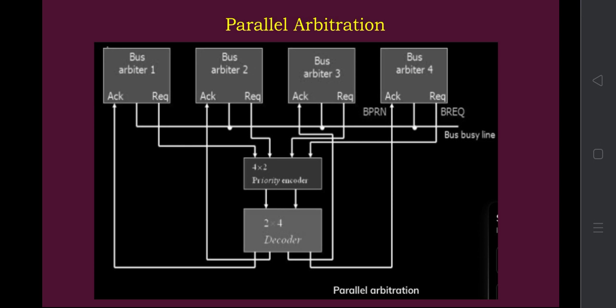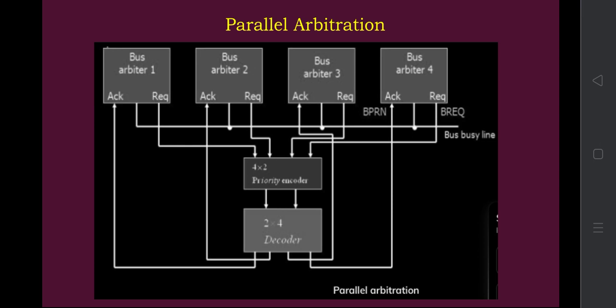There is a bus busy line, and the 4 inputs are from the request lines, going to the 4 by 2 priority encoder or controller. Then from there it goes to a decoder. It controls the priority, and it selects 1 among the 4 that will be passed to the next device, which is the 2 by 4 decoder.